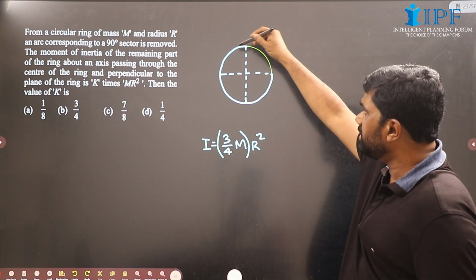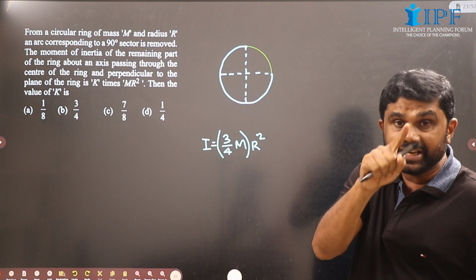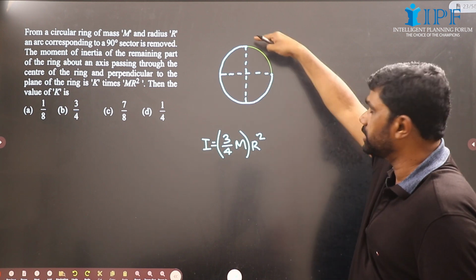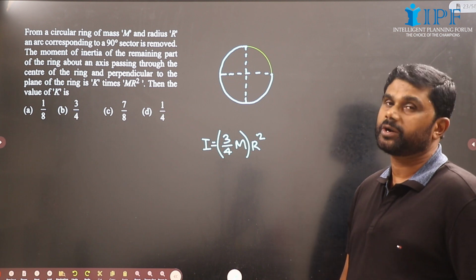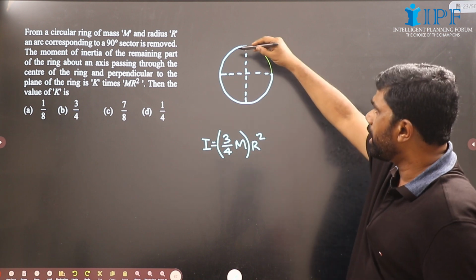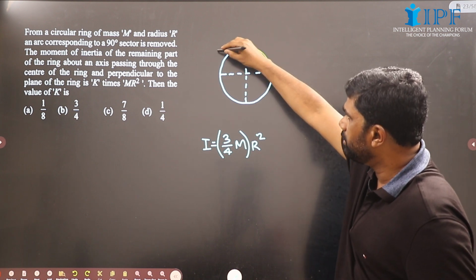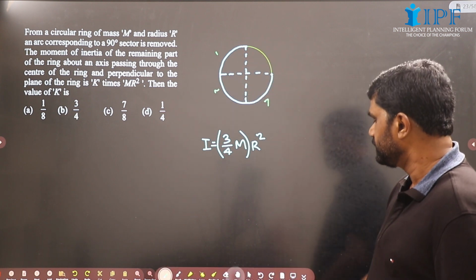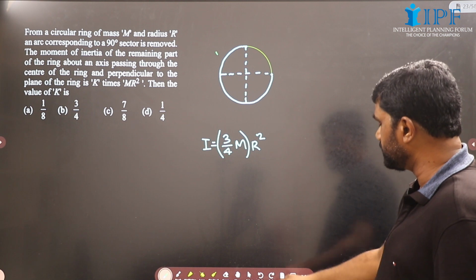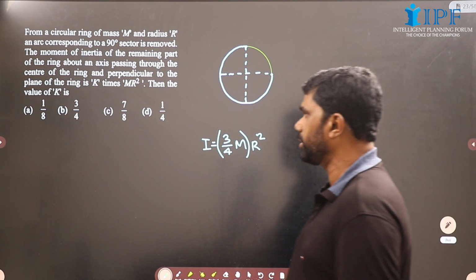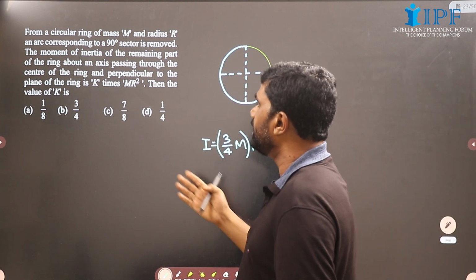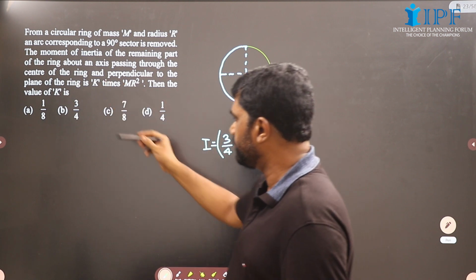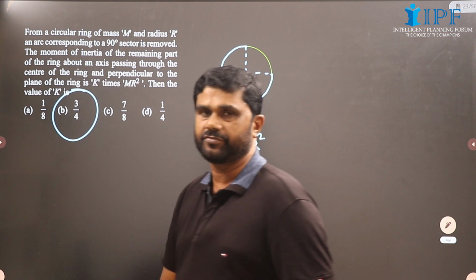All the 4 quarters are identical, and the moment of inertia of each quarter will be mr square by 4. Now here there is 1, here there is 2, and this is 3. So 3 parts, and the total moment of inertia will be 3 by 4 mr square. And here it is given as k times mr square, means k should be 3 by 4. So this is 3 by 4.